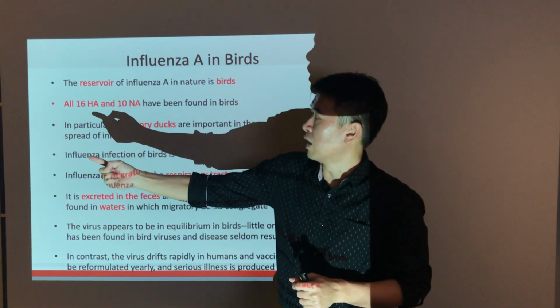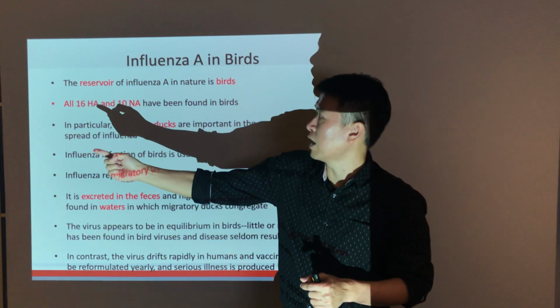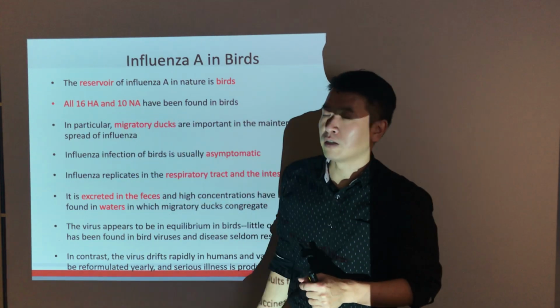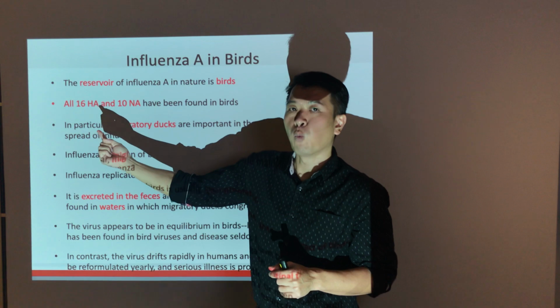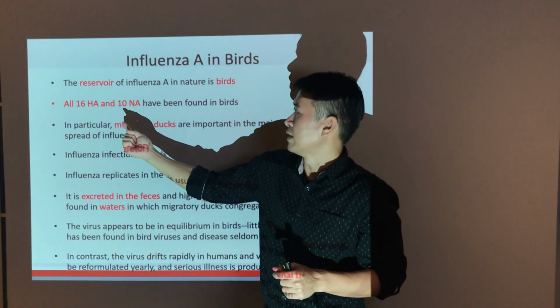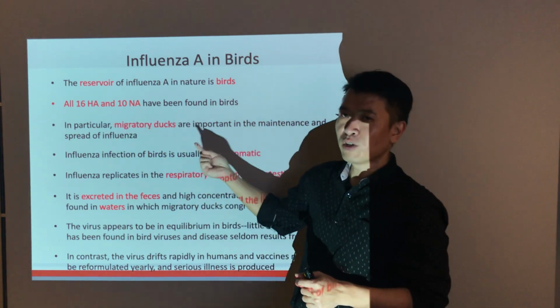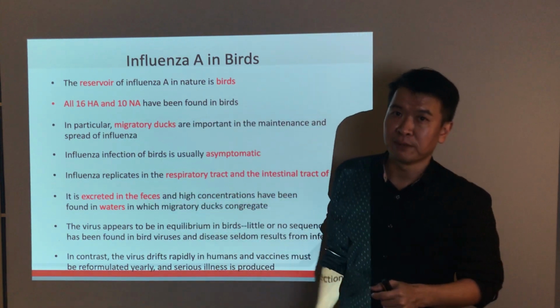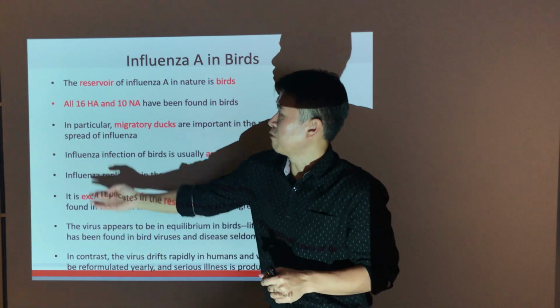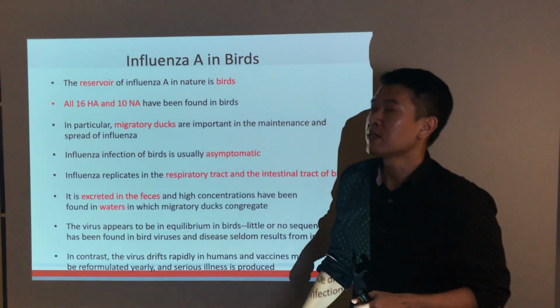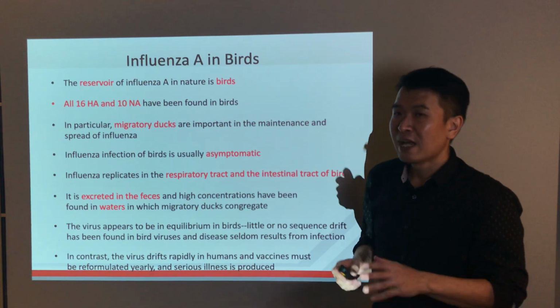So imagine there are a total of 16 HA and 10 NA. Imagine the combination: you can have H1 with N1 to N10, then H2 with N1 to N10, and you can multiply. So 16 times 10, there will be 160 subtypes of flu A.